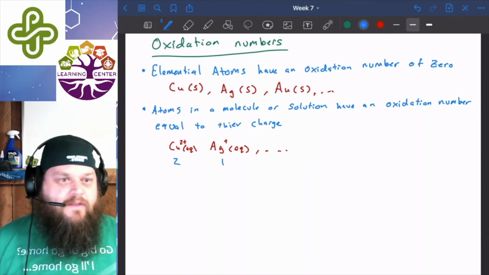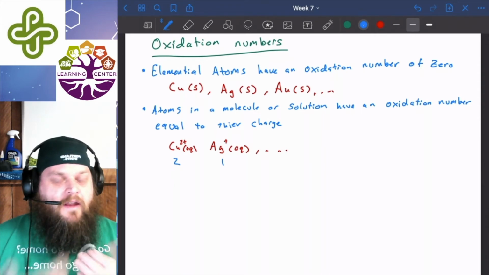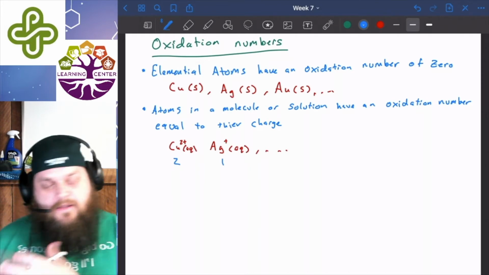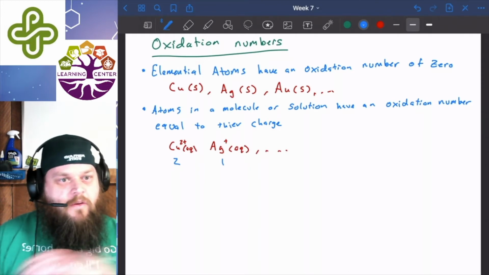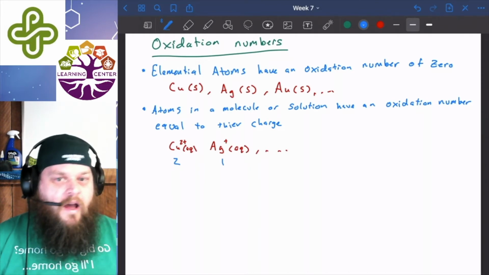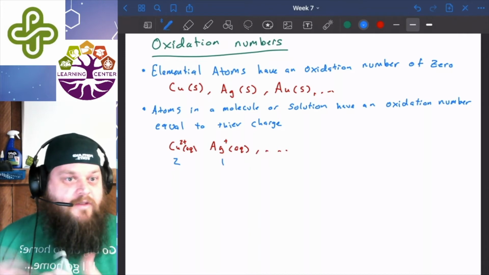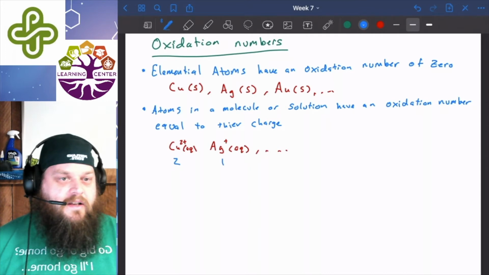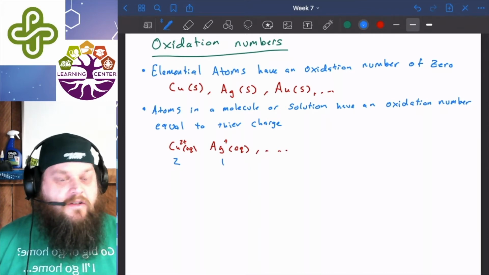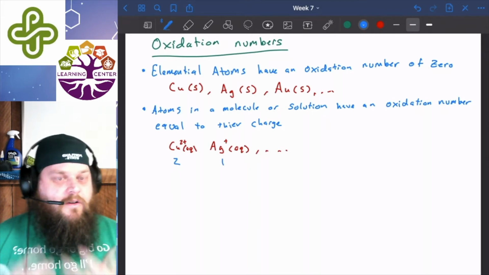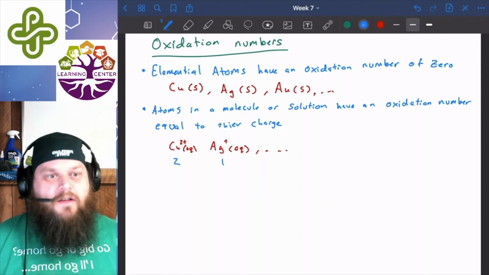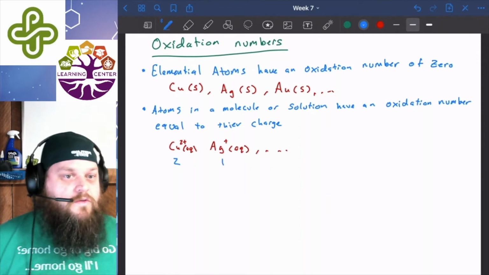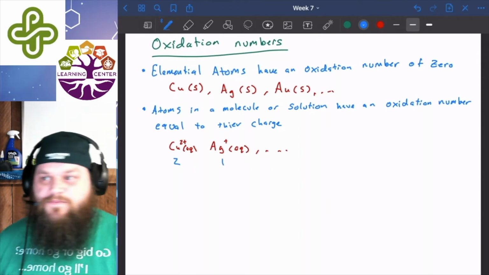And anytime we go from a solid with an oxidation number of 0 to an ion, for example solid copper to copper ion, we say that's a redox reaction. It's an oxidation reaction because it's losing electrons. It goes from a neutral charge to a positive charge, which means it has to lose electrons in that process.